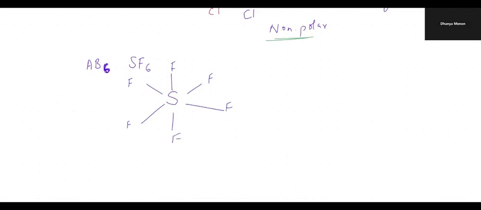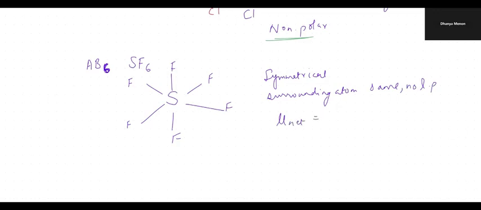Surrounding atoms are the same. So mu, there's no lone pair. Also, no lone pair. So mu net is equal to 0. So it is non-polar.